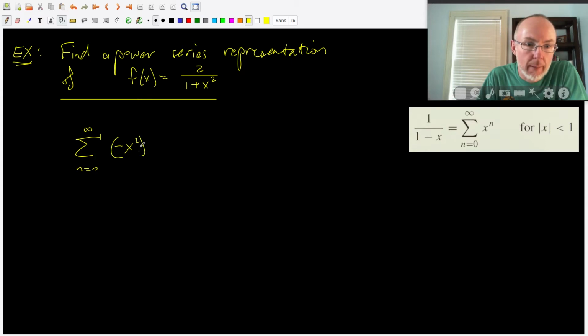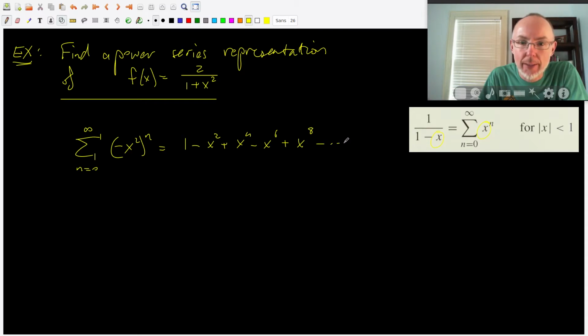As I start to write that out, I've replaced the x here and the x here, both with negative x squared. That leaves me with 1 minus x squared, plus x to the 4, minus x to the 6, plus x to the 8.